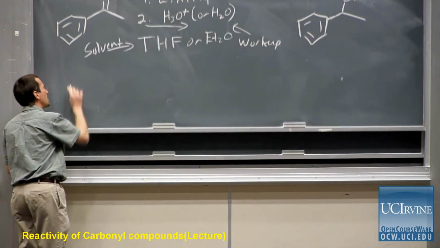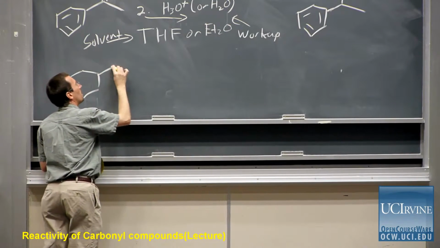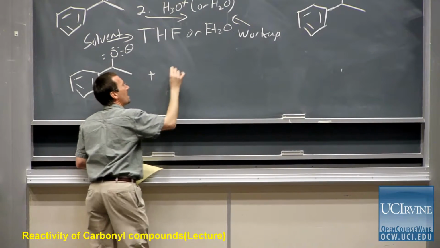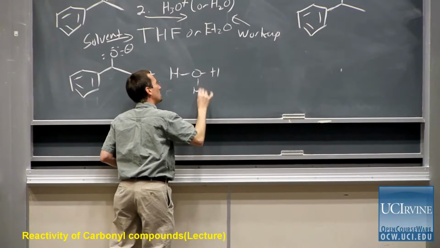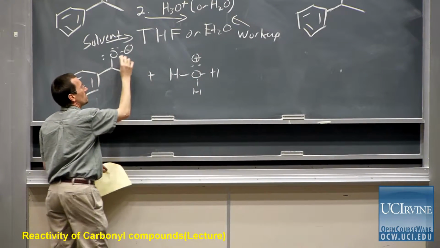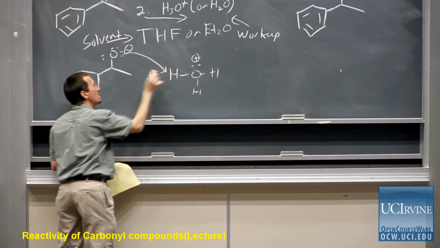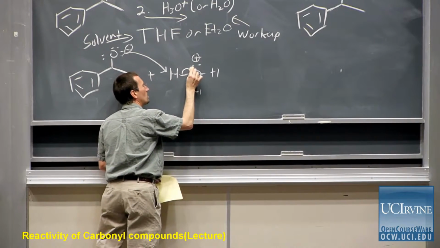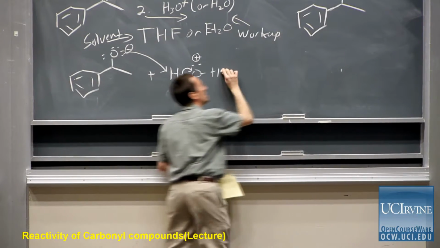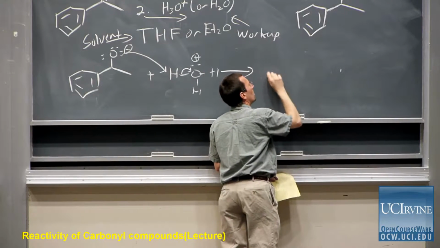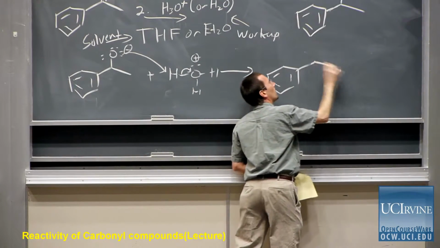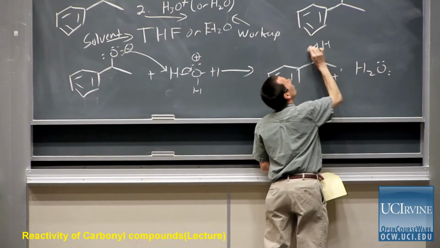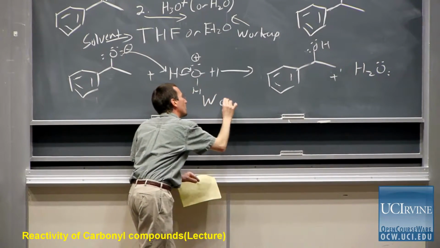And I'll just write it explicitly: our workup ends up taking our alkoxide anion, plus H3O+ hydronium ion, or plus water under the right circumstances, and electrons flow from the alkoxide to the source of protons, and electrons flow from the hydrogen-oxygen bond onto the oxygen. As I said, we call this step the workup.